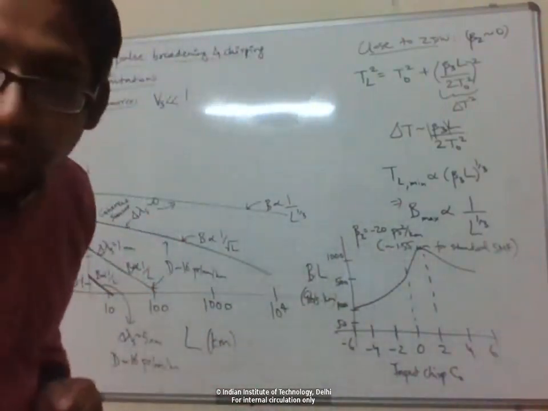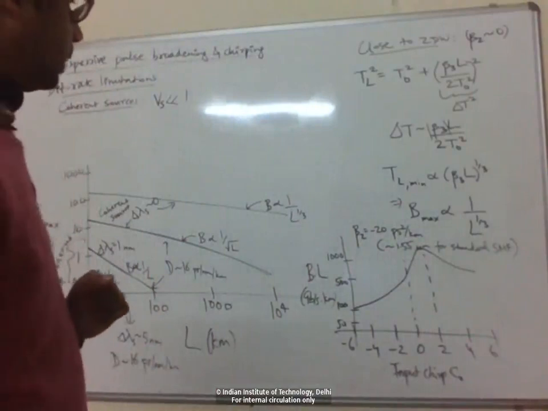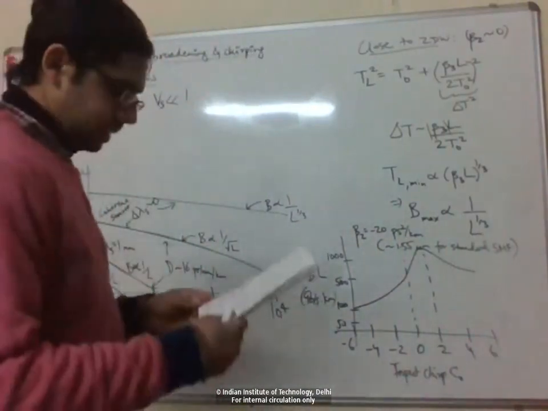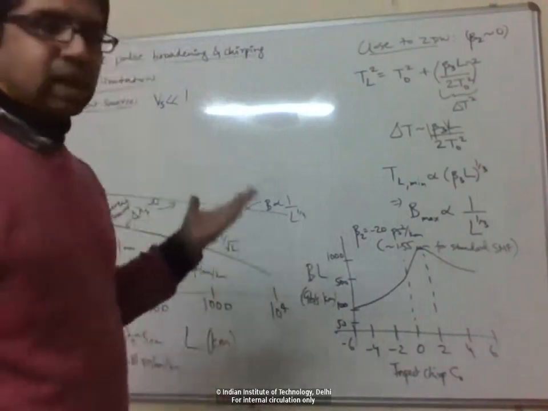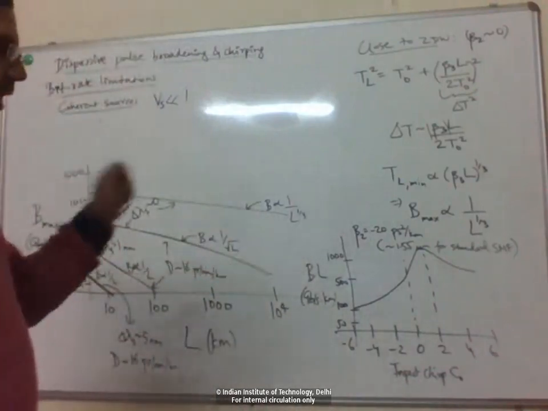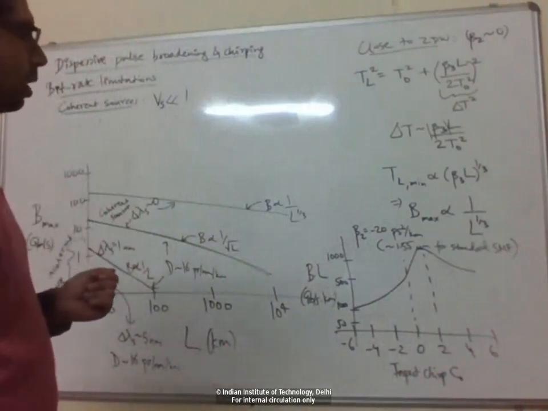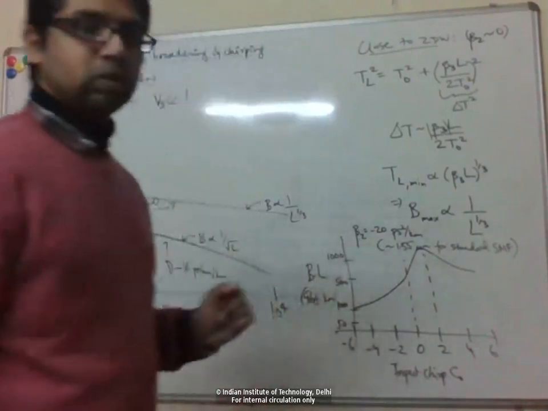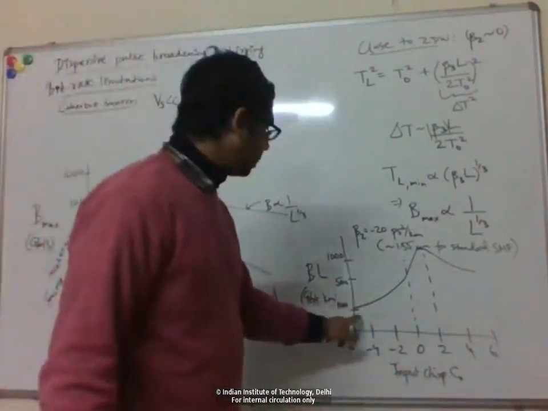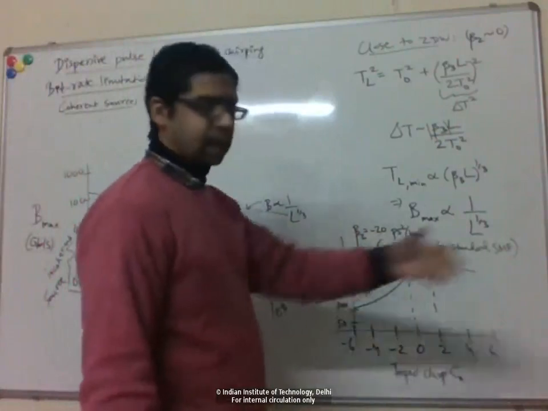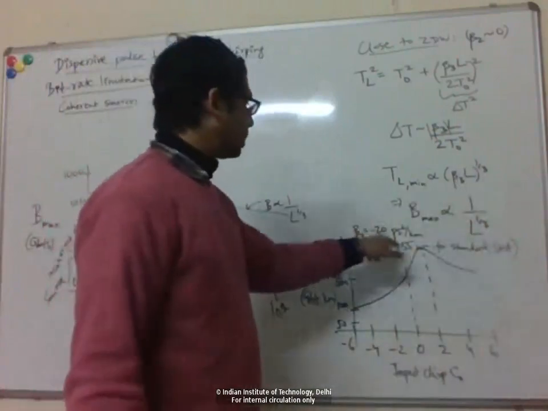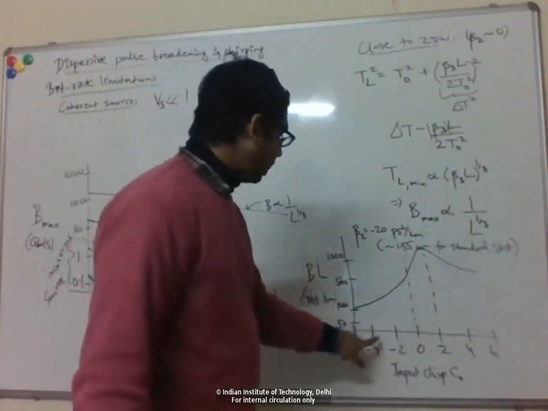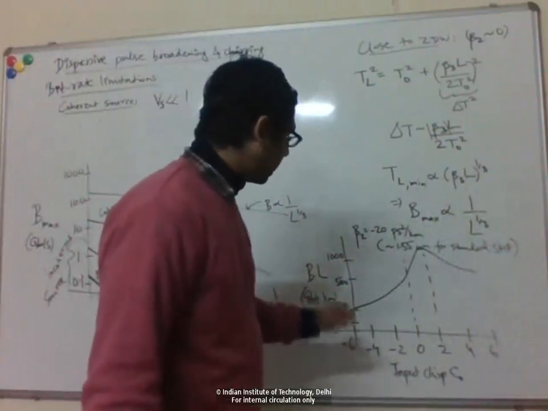Just be aware that typical semiconductor lasers, if you directly current modulate them, end up having a negative chirp. That's actually very bad for a standard fiber. If you use a standard fiber link with this dispersion value at 1.55 micron and directly current modulate the laser, the C0 value is somewhere here, like minus 5 or something.